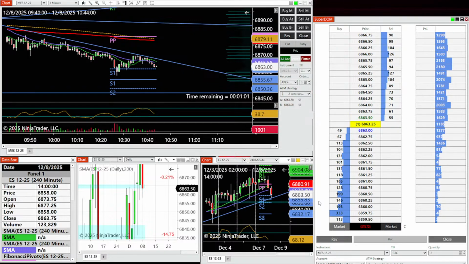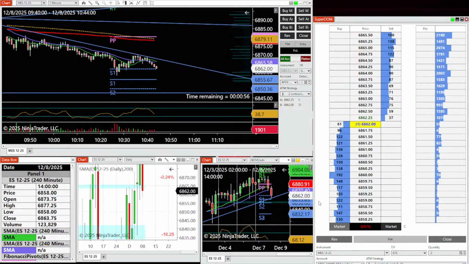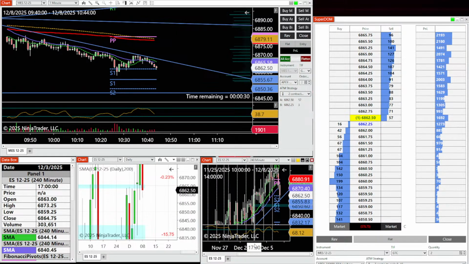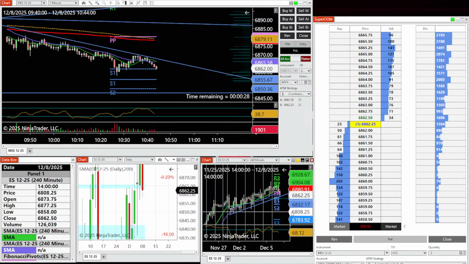We're on the trend line here. Looking to see if we can keep this trend line.